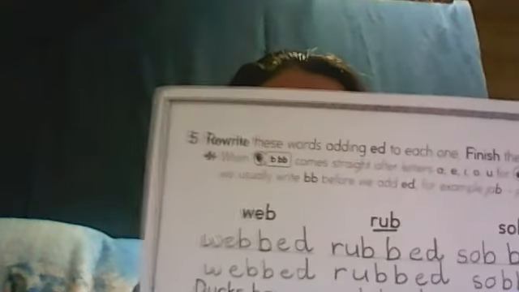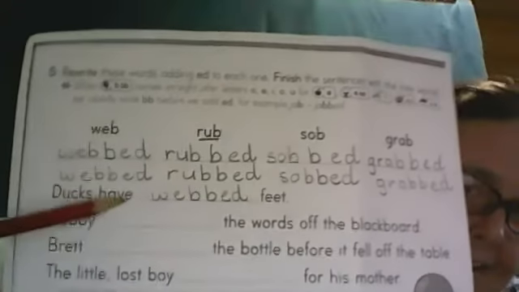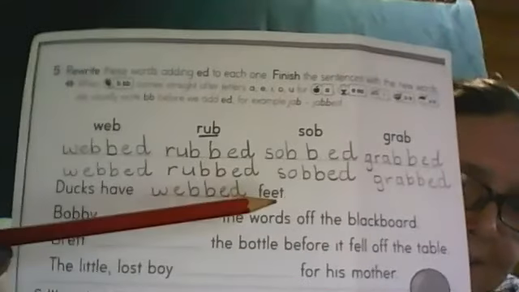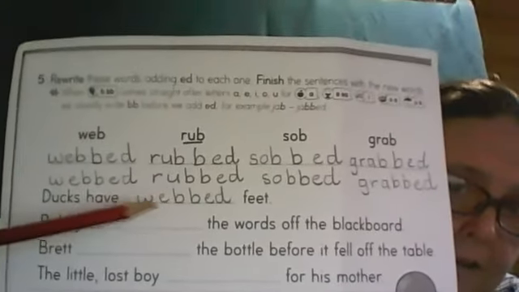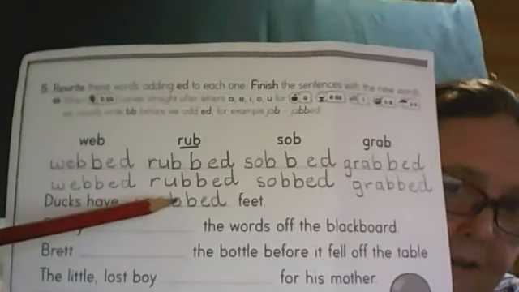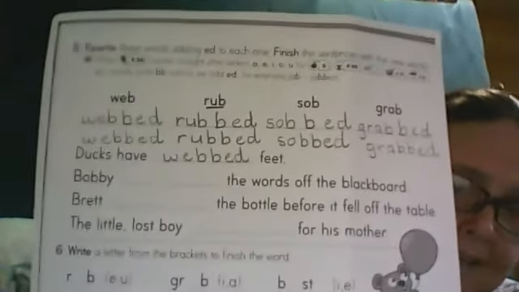I've written it down. Did you write it down? Your page will look like this. Now you'll have it saying, ducks have webbed feet. There it is again. W, E, B, B, E, D. Webbed. Ducks have webbed feet.